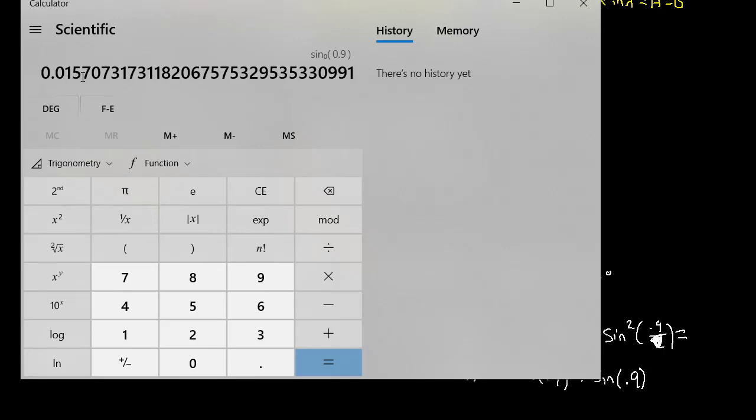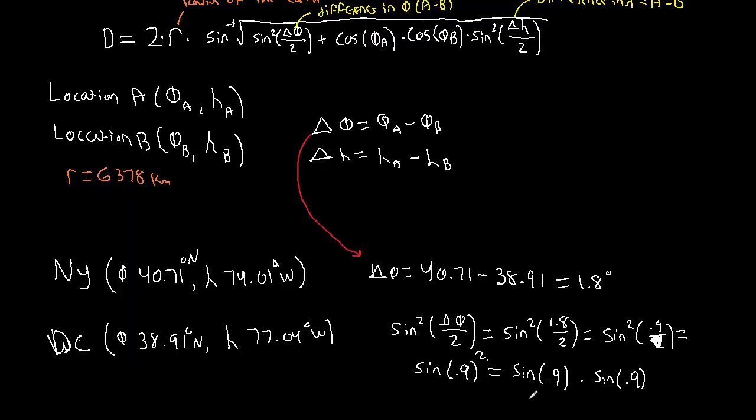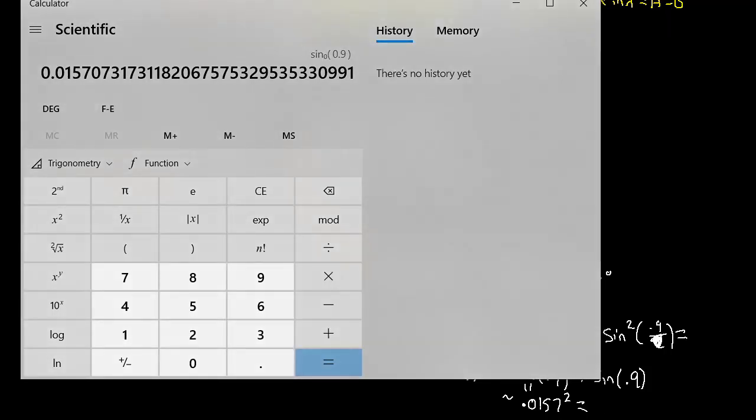I'm going to write that down here, 0.0157 approximately.